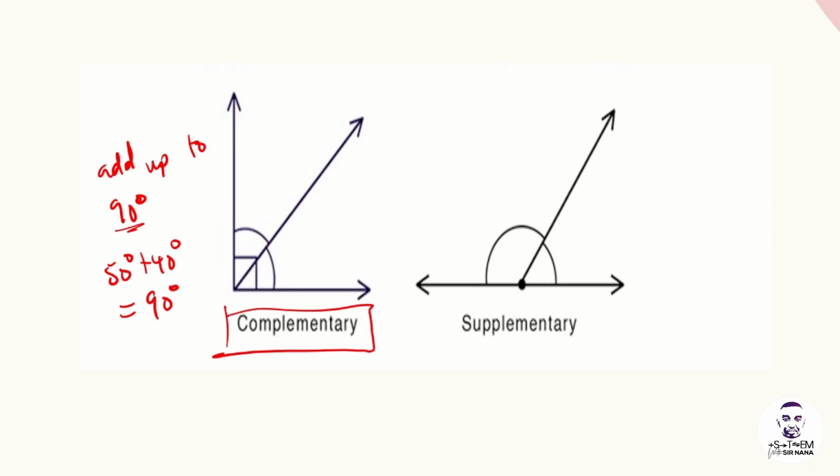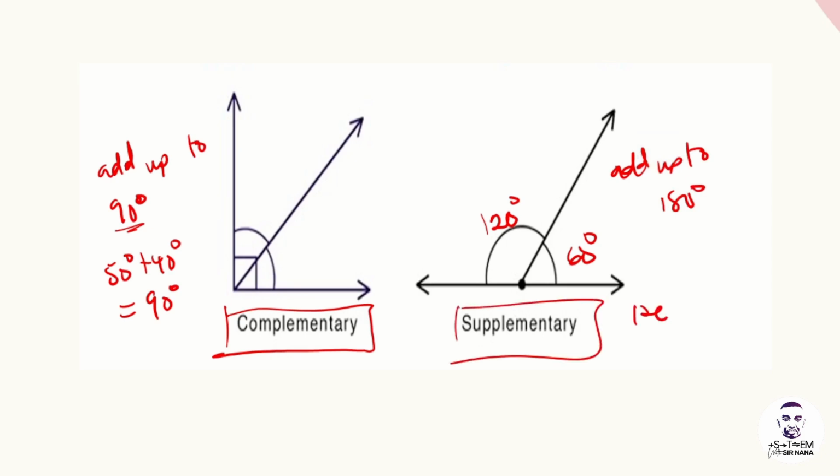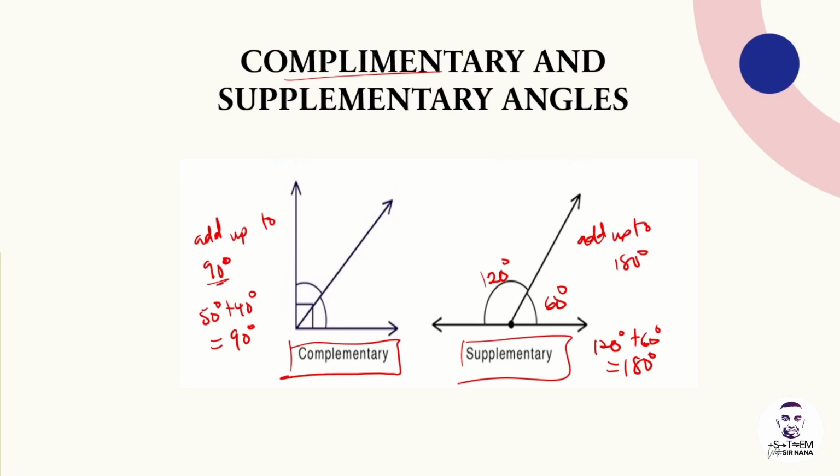And then if you have two angles, for instance, 120 degrees and 60 degrees, and they add up to 180 degrees, then we say that they are supplementary. So 120 degrees plus 60 degrees gives us 180 degrees. So complementary angles are angles that add up to 90 degrees, and supplementary angles are angles that add up to 180 degrees.